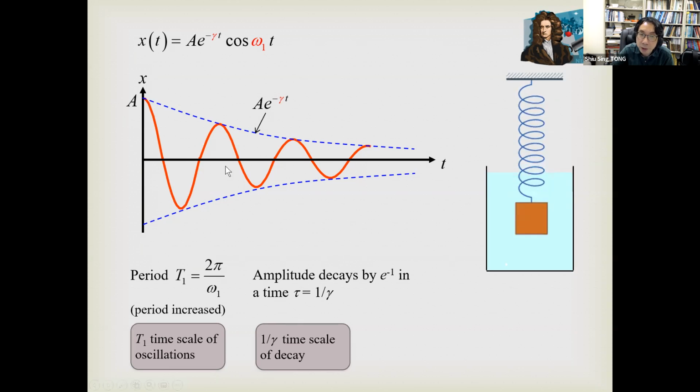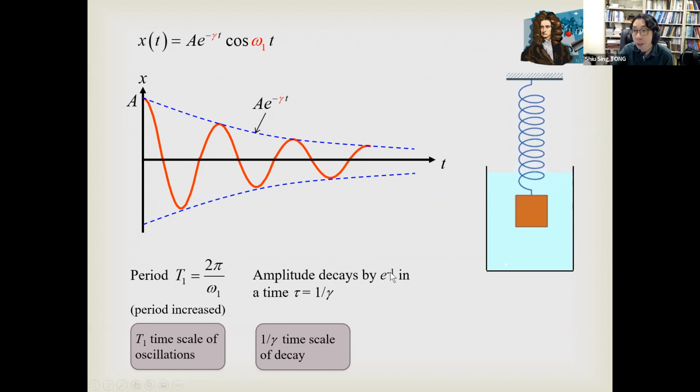The first time scale is the time scale for oscillation, typically the period of the oscillation. Okay, how much time it takes for the object to oscillate once, that is the period. But you also have a decay time scale. Say how long will it take for the amplitude of the oscillation to decay by a factor of e to the power minus 1.